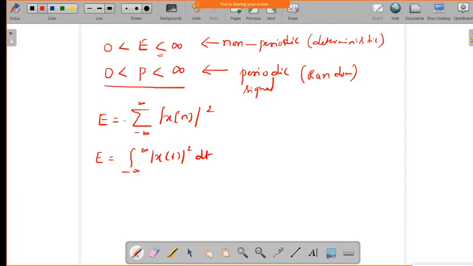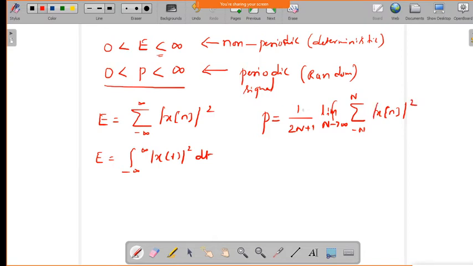And similarly for the power signals. Okay. So what is the expression? If you take the discrete time case, it is the limit as n tends to infinity of 1 over 2n plus 1, times the summation from minus n to plus n of |x of n| squared. Is it not?